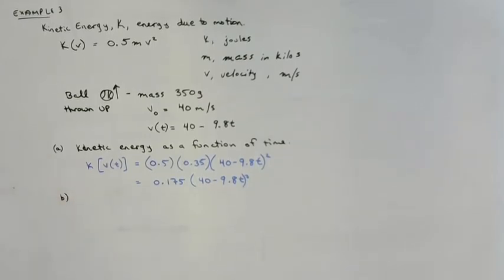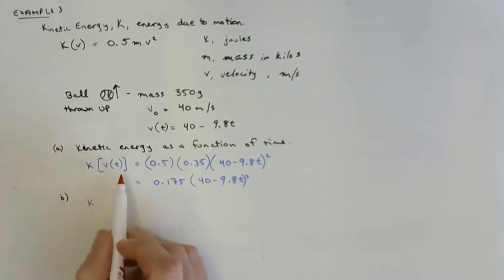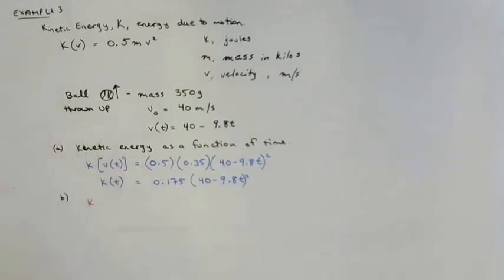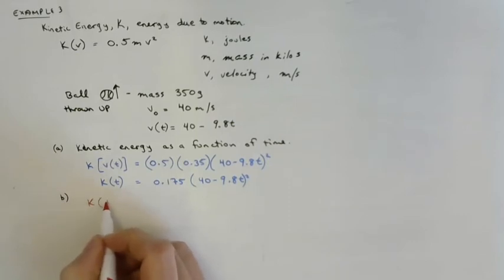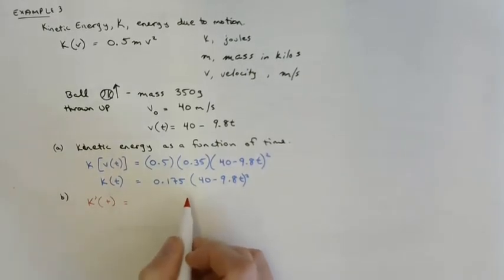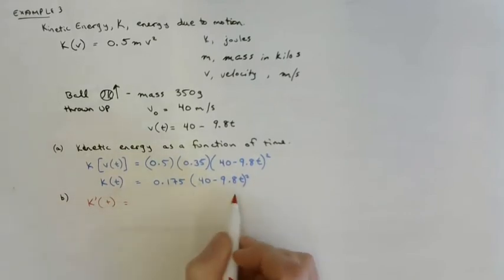B. Let's find K. So now what we have is K with respect to T. Should be a capital K. So now we want to differentiate K prime of T. And we're going to use the product rule here because we have one thing times another thing.